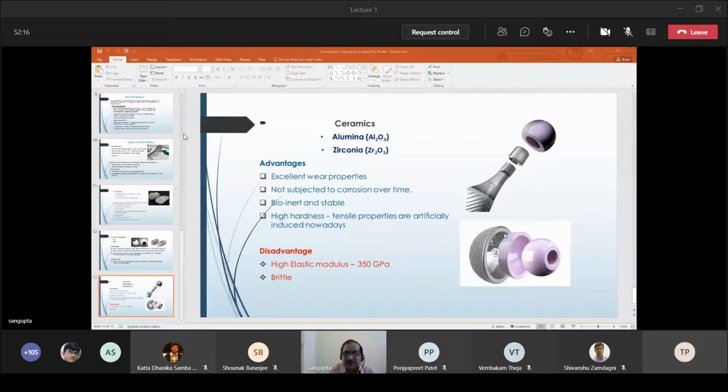But you don't expect an old patient to run around like a young patient at 40, 45 with you. So accordingly, the implant system chosen for the two groups of patients of different age is different.